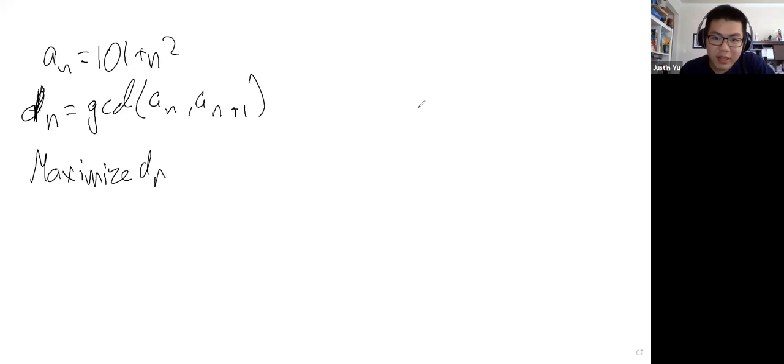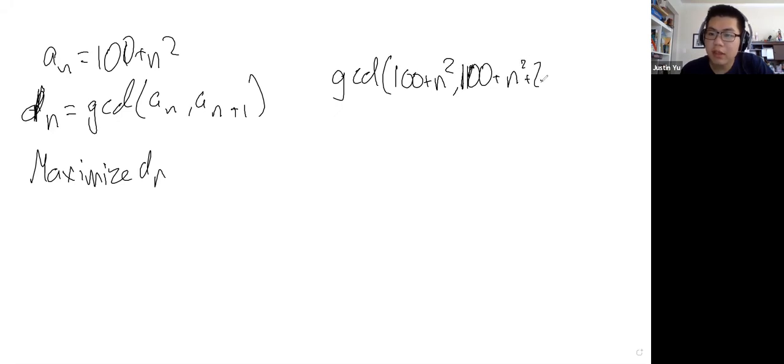So let's see what the Euclidean algorithm gives us. Let's start by writing it out. GCD of 100 plus n squared, and 100 plus n squared plus 2n plus 1.